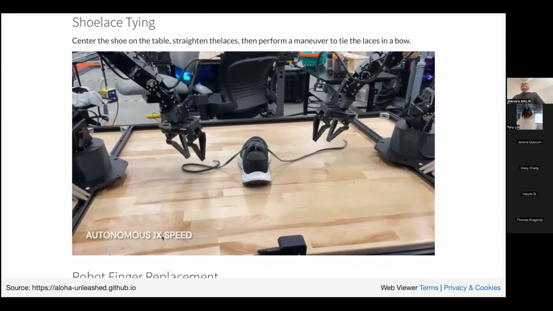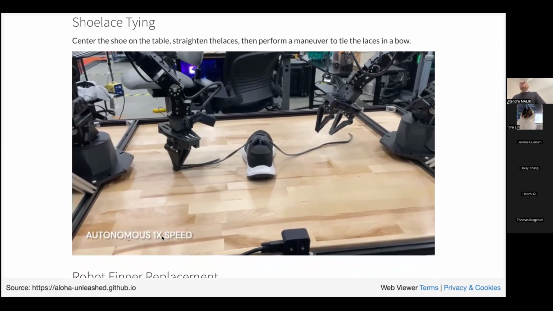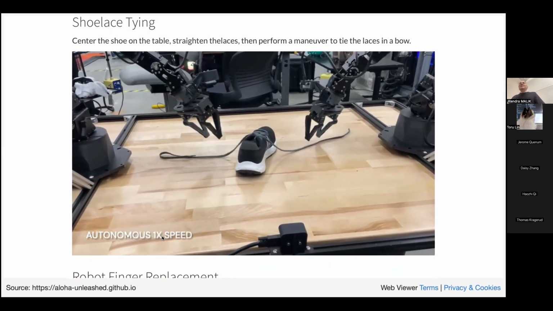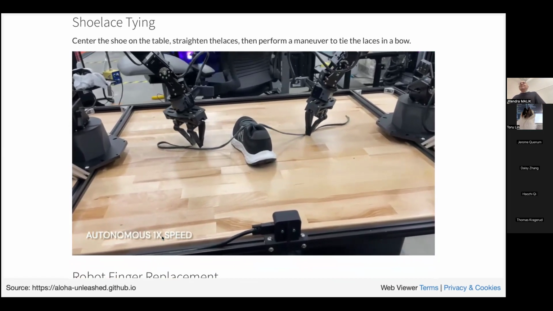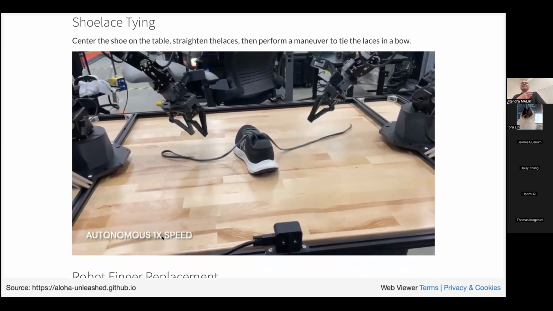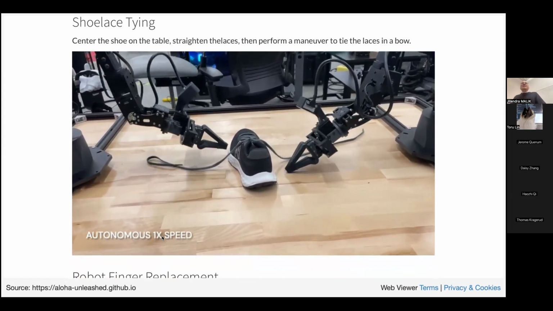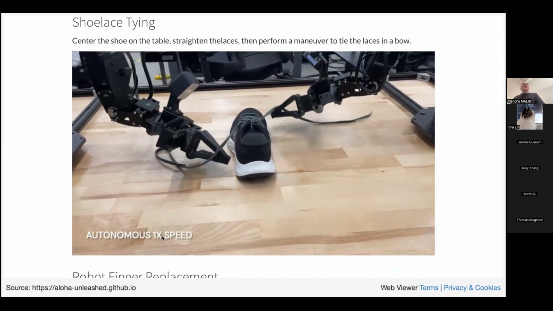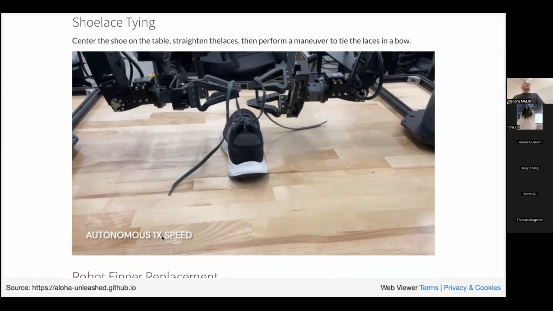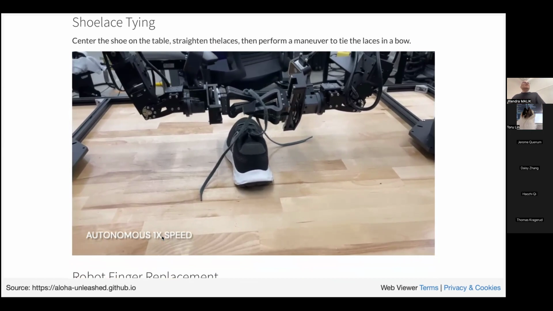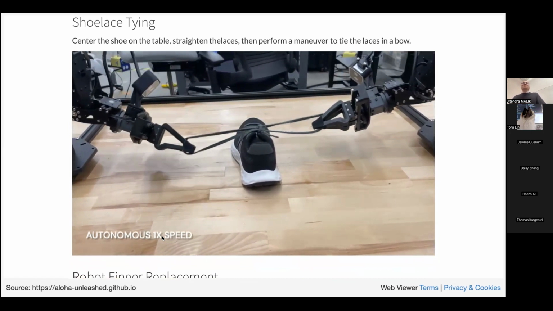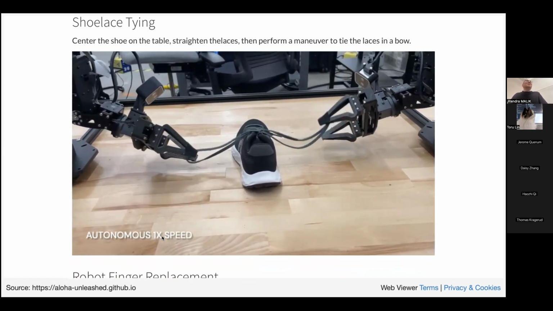So essentially, everyone will have different opinions on this, right? If you talk to Chelsea, she will say how amazing this is and how this proves that we do not need tactile sensing. To me, it's a little bit like when I go to the circus and I see some amazing feat. I'm impressed, but I do not want to go do it myself or make my children do this.